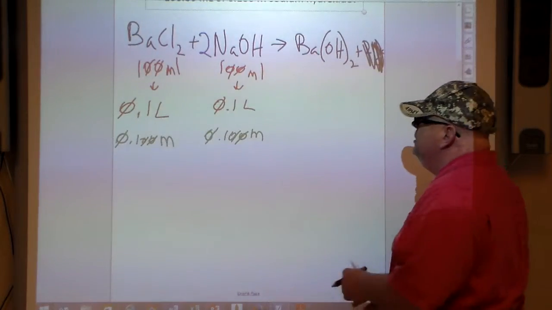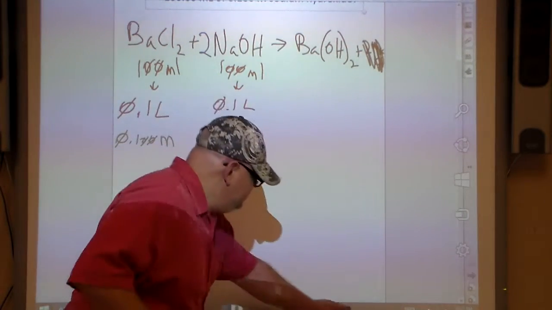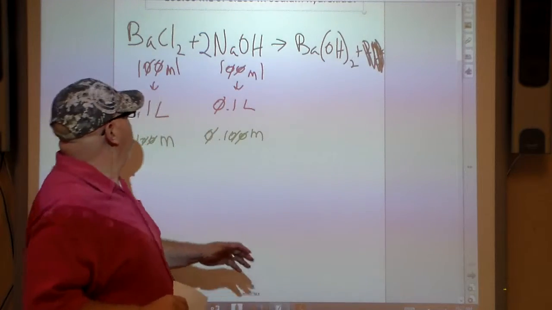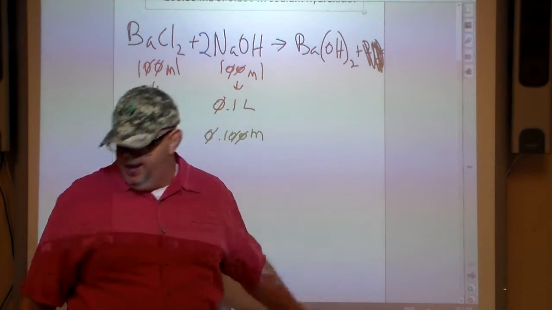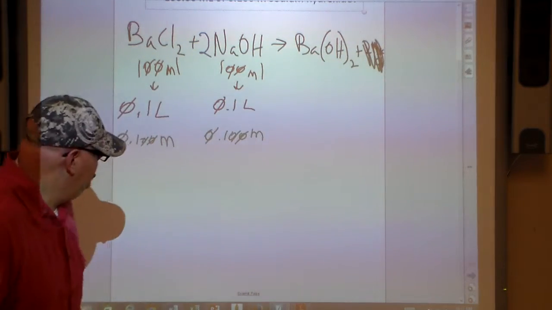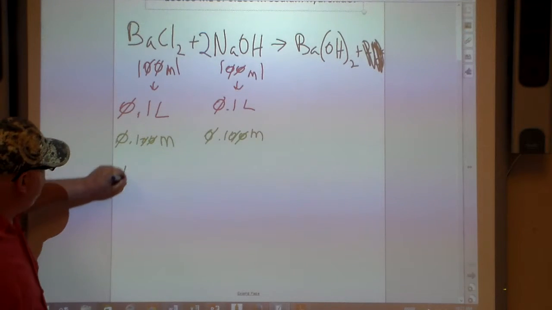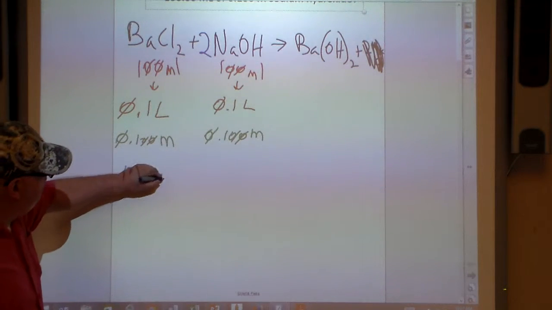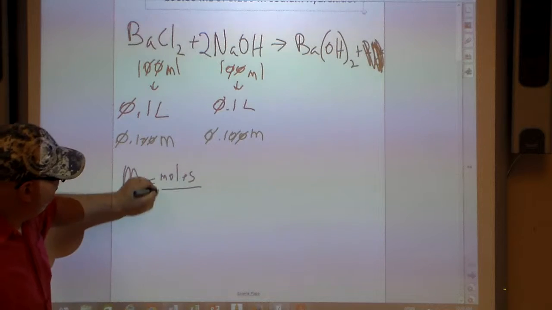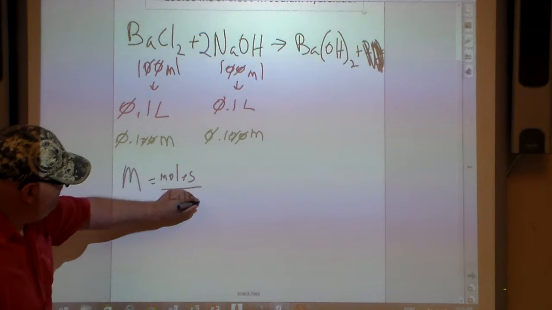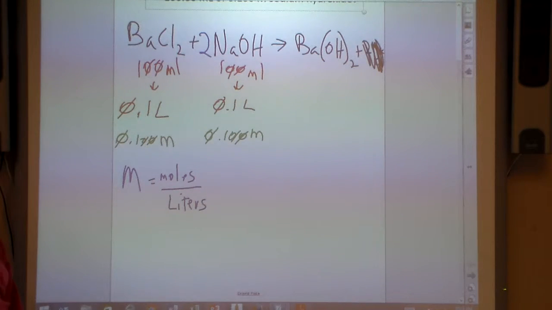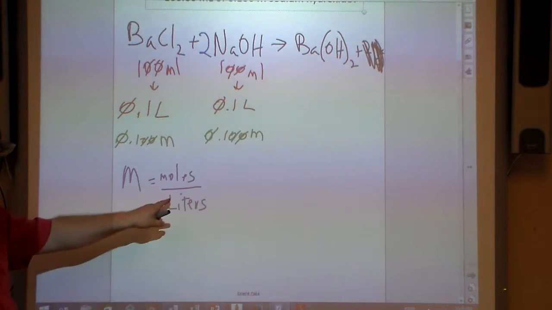So, let's deal with this. What's the formula for molarity? Molarity is equal to moles over liters. Now, could it be less than 1 mole, greater than 1 mole? Yes. Could it be less than 1 liter, greater than 1 liter? Yes.